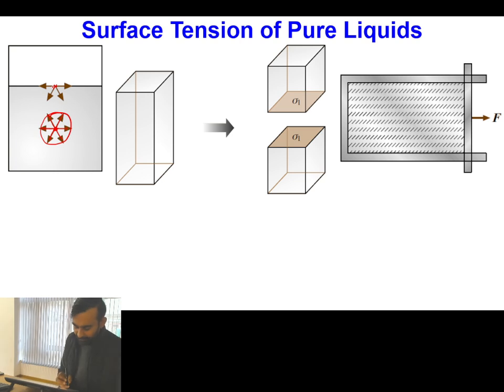But if I go for a molecule present at the boundary between two fluids, say fluid 1 is a high density fluid and fluid 2 is a low density fluid, the first point is that here the number of molecules will be more, and here the number of molecules experienced may be sparsely spaced.